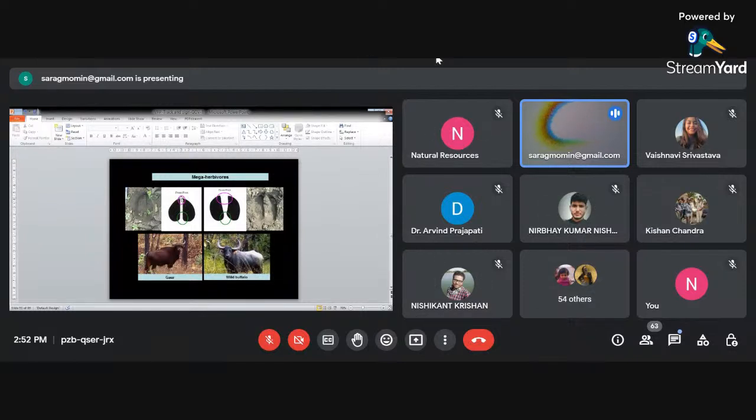If it is the same gap, then you can easily identify them as gaur species. But if you find more gap at the apex or front portion as compared to the base portion, then this hoof mark belongs to the wild buffalo.